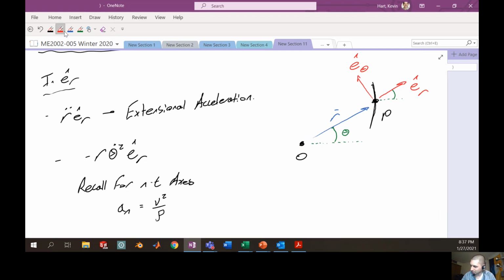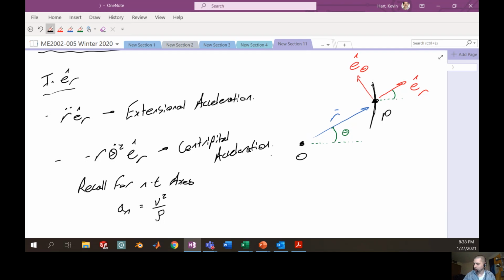So this here, very similar to your n and t axes, is the centripetal acceleration term.